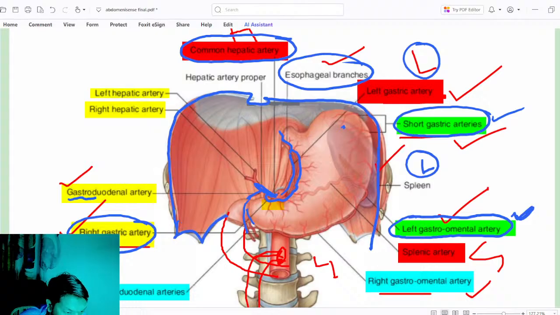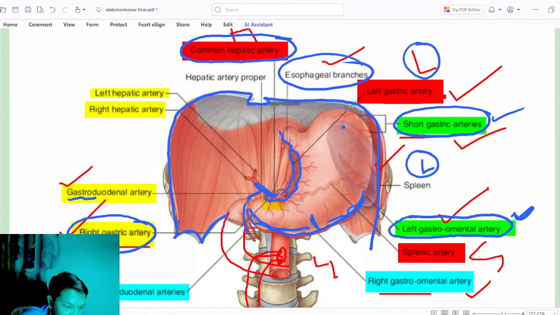One part gives supply through the greater curvature to meet the left gastroepiploic artery. The left gastroepiploic artery comes up to almost half of the greater curvature, and the remaining half is supplied by the right gastroepiploic artery, which is a branch of the gastroduodenal artery.